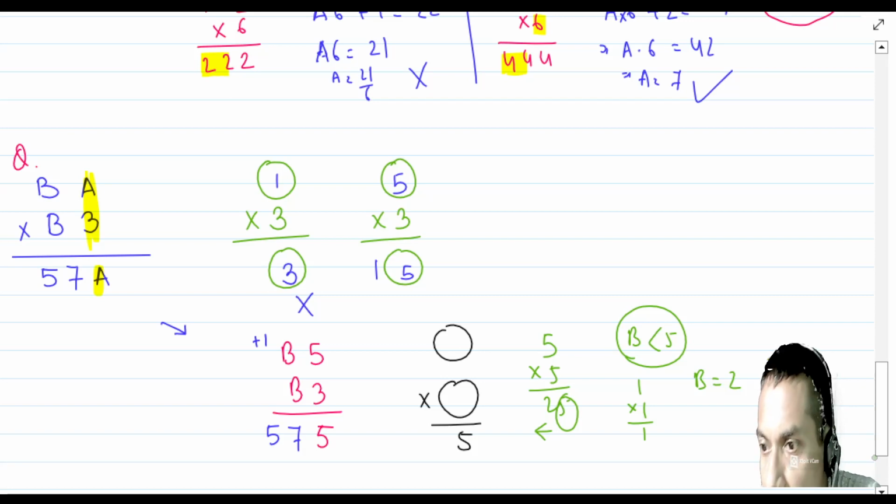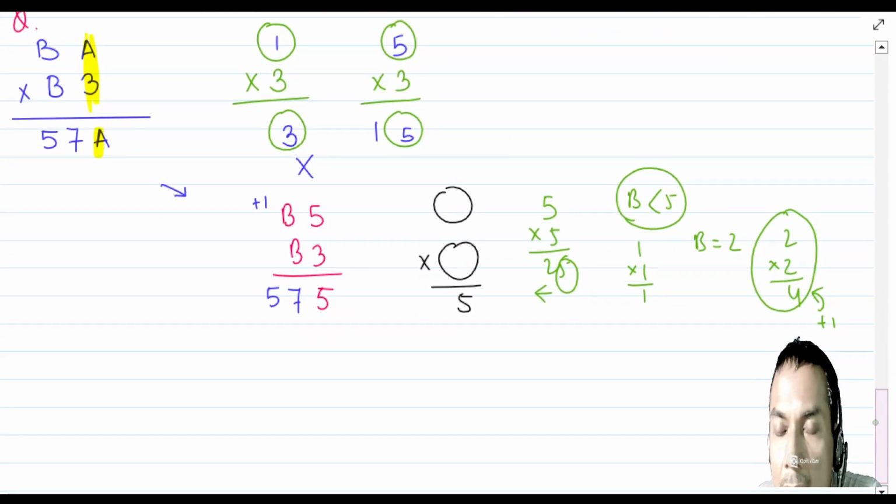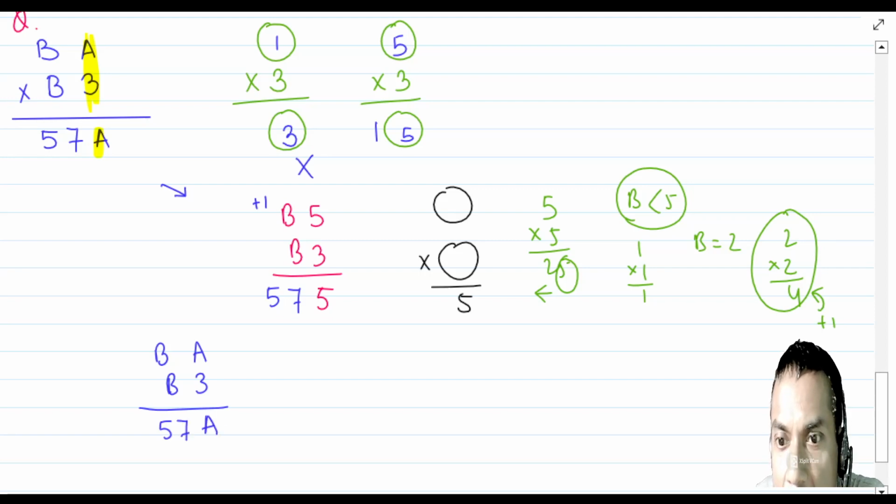What that means is we have to apply the shortcut multiplication method. At the beginning of this video I already discussed that. If we cross multiply BA and B3, what will we get? We get the middle term. To get the middle term, I have to cross multiply.